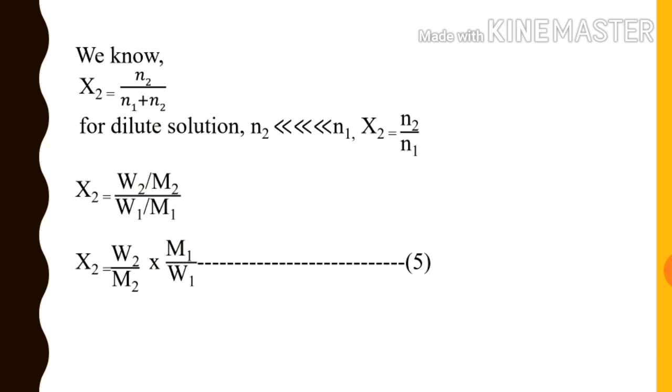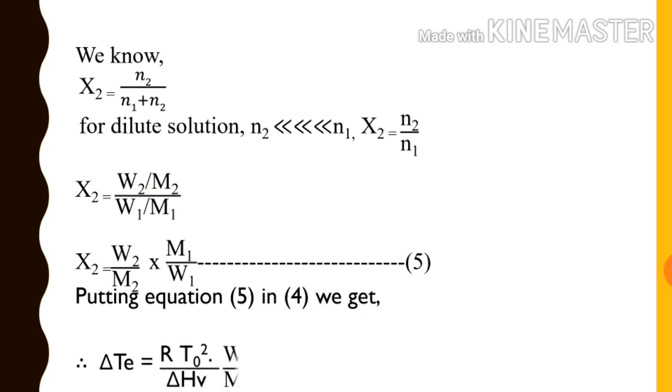Now putting equation number 5 in equation number 4, we get delta TE is equal to RT0 square upon delta HV, now putting the value of x2, that is W2 upon M2 into M1 upon W1.